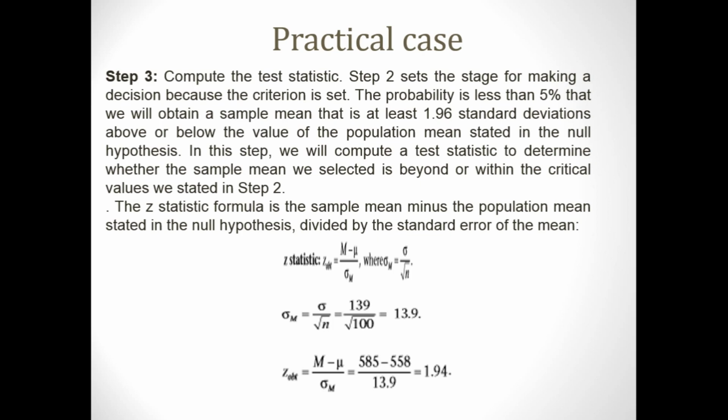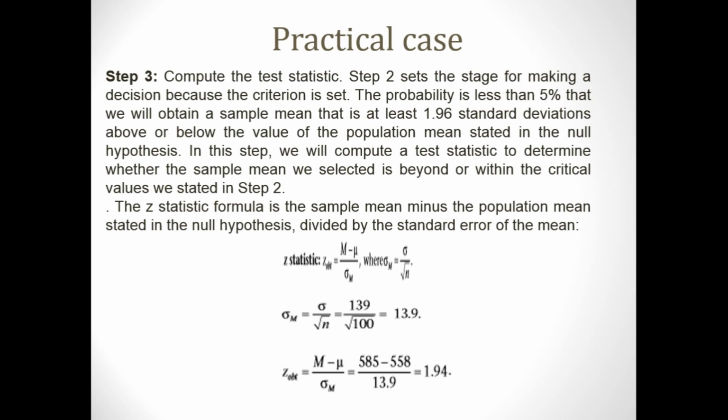So we write the formula: the sample mean minus the mean of the population under the null hypothesis, divided by the standard error, which is given by the standard deviation of the population divided by the square root of the sample size.